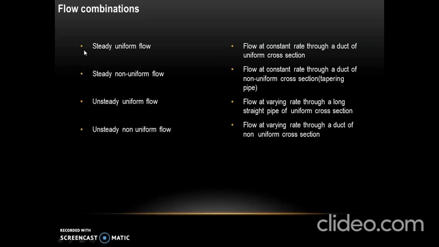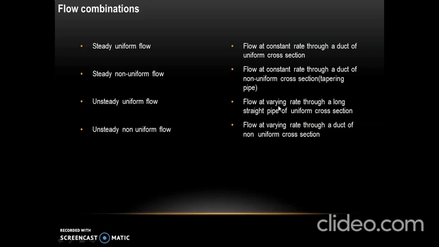Next we will find out various flow combinations. If flow at constant rate, that means constant discharge Q through a duct, that is a pipe of uniform cross section, then it is referred to as steady uniform flow. And if the flow is at constant rate through a pipe of non-uniform cross section, that is a tapering pipe, then it is steady non-uniform flow.